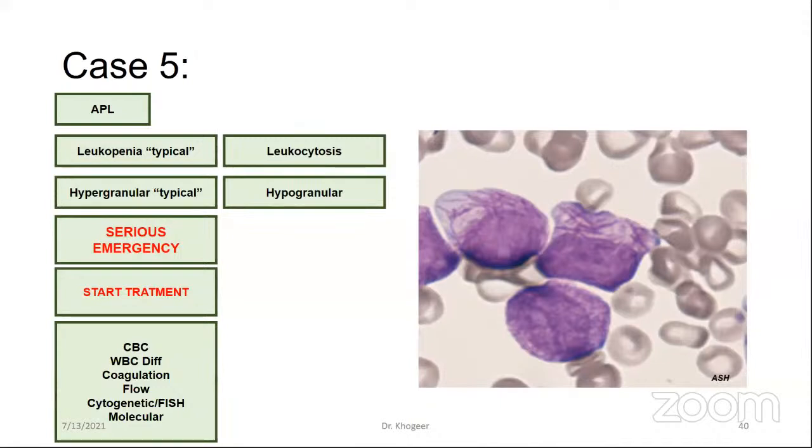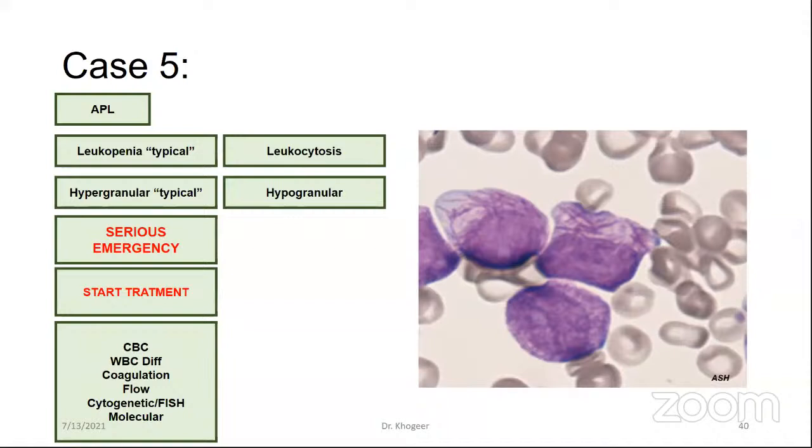These investigations include a coagulation panel or coagulation screen to evaluate the presence of DIC, flow cytometry and immunophenotyping, and cytogenetic and molecular analysis to confirm the diagnosis and the presence of the underlying PML-RARA translocation.